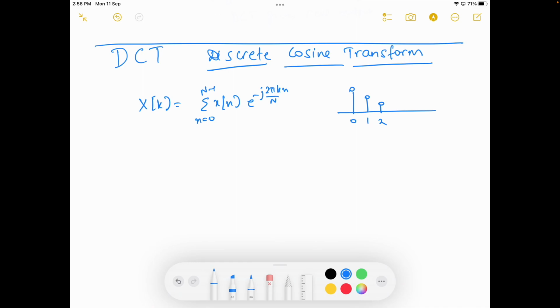This is my xn, and capital N is simply 3. How should xn look so that my Xk is real? What is the condition? You have seen it in the previous lectures.